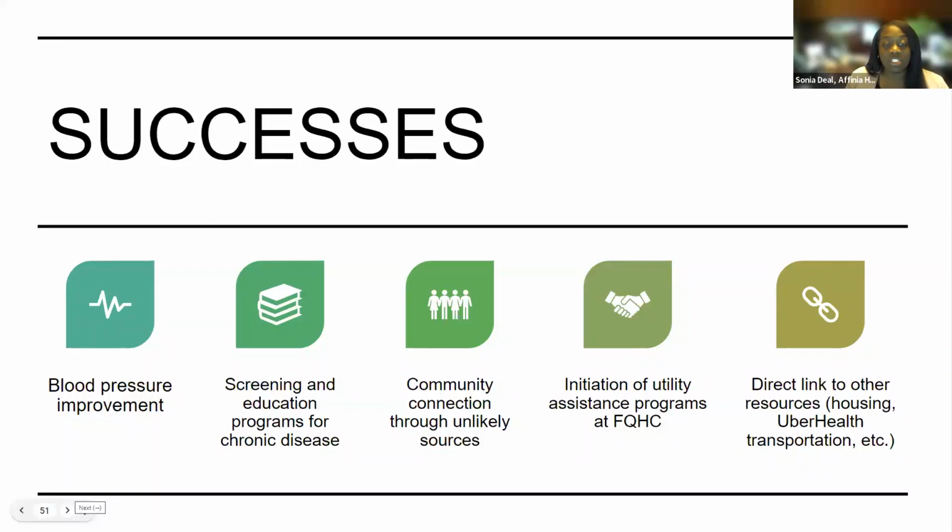And that helped us to shape that partnership where we started to provide different community events. We also collaborated with other trusted agencies and provided resources and education through those other trusted agencies to that specific community.